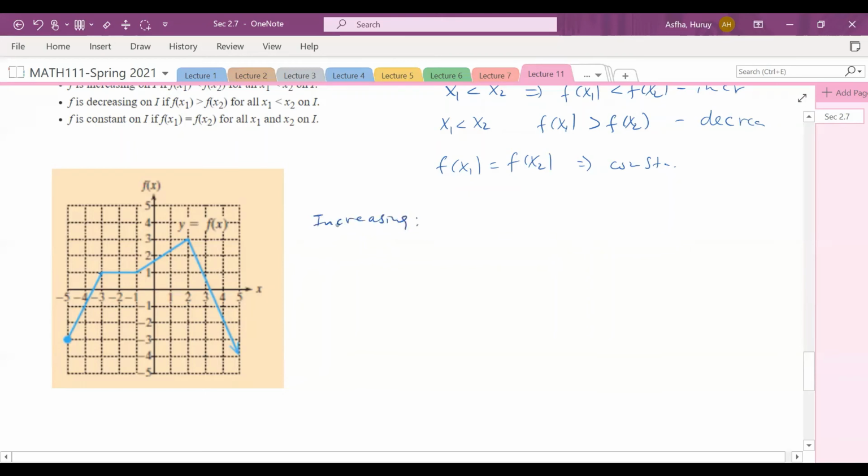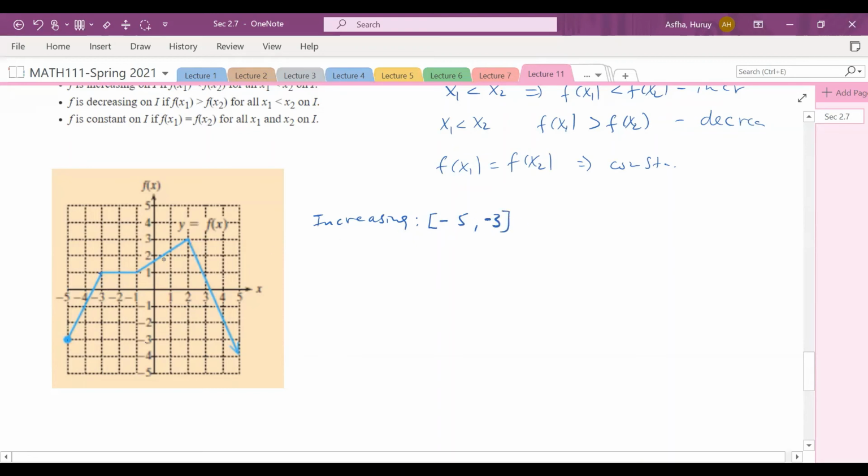Now, in which intervals is this function increasing? The first one: here we have a point where x is -5 and y is -3. We just need the domain, the x values. So x is between -5 and -3, with -5 inclusive, and it is increasing.